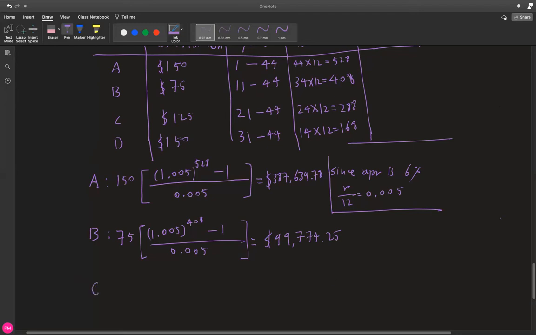For plan C, you're now doing the $125 a month, or in this case, it's an additional $125. And with the same APR, for 288 months, and you're dividing it by the periodic interest, and that should get you another $80,139.47.